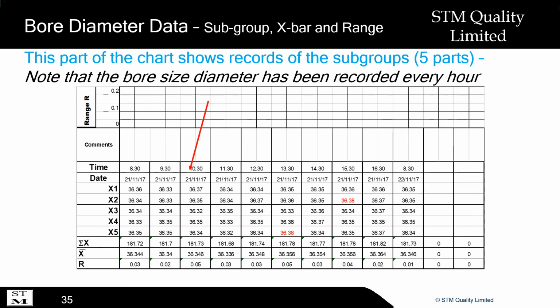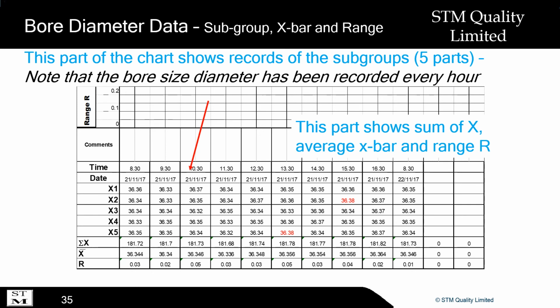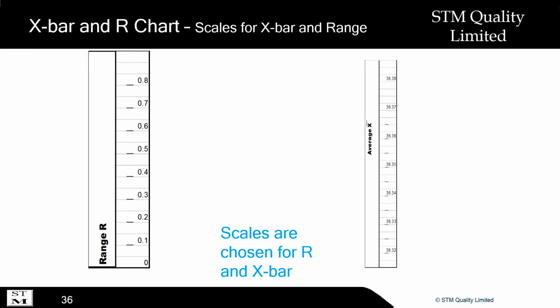Note that the bore size diameter has been recorded every hour. This part shows sum of X, average X bar, and range R. Scales are chosen for R and X bar.